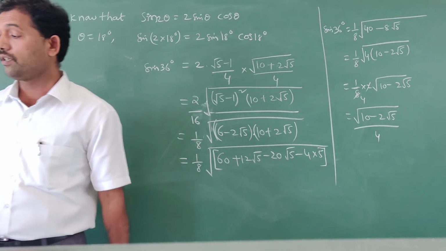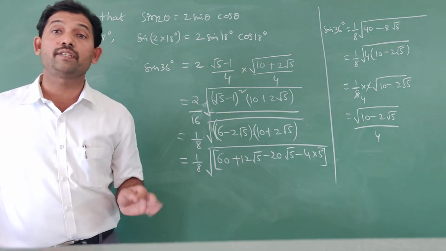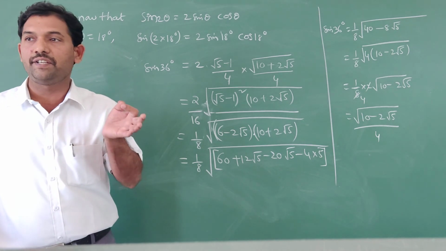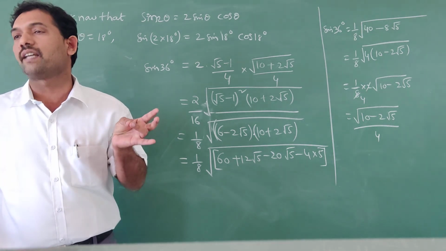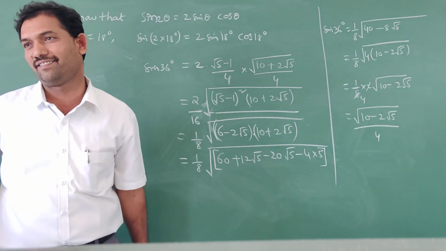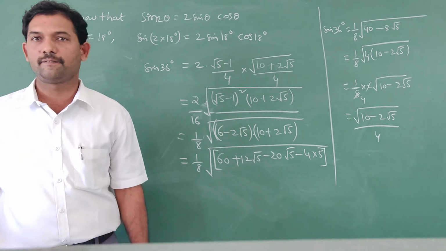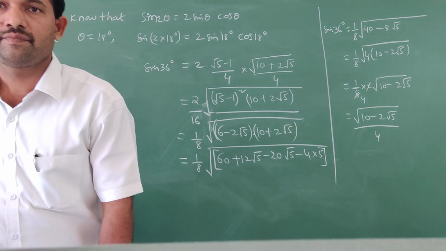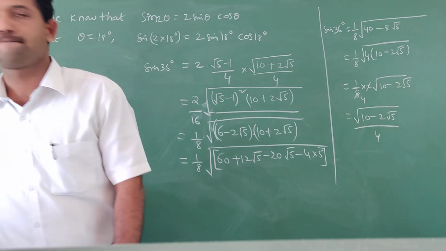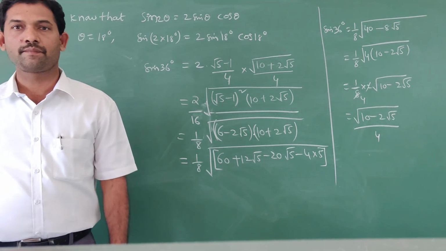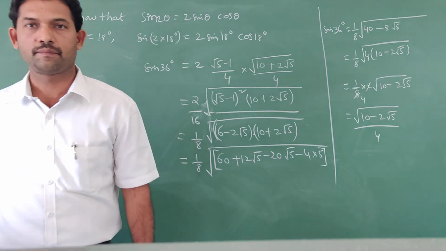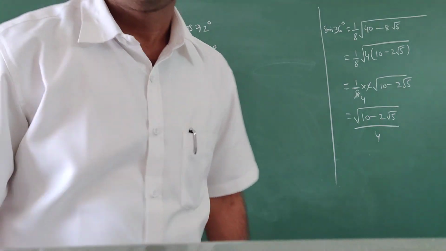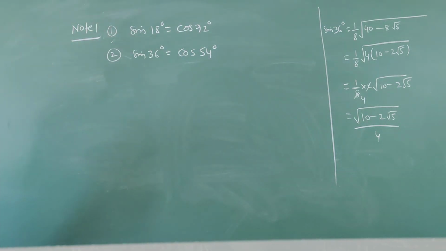So using theta equal to 18, we simplified sin 18, cos 18, sin 36, cos 36. Note down first. Students, note down small note points.